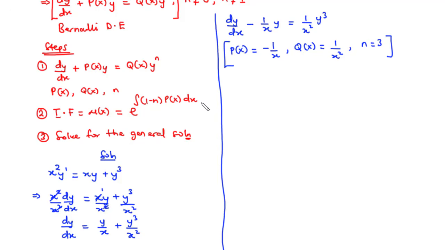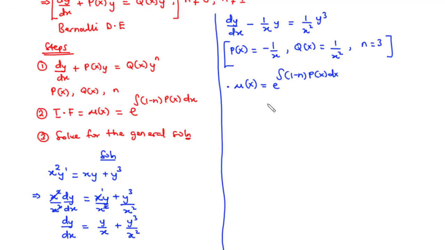Now let's move on to the second step. That is where we are going to find the integrating factor mu of x. So we have mu of x to be equal to the formula given, e to the power the integral of 1 minus n times p of x dx.